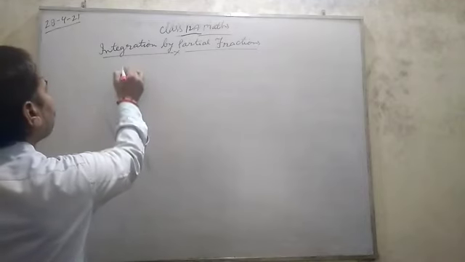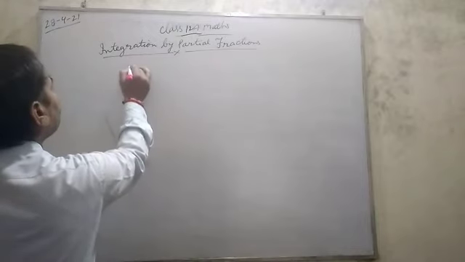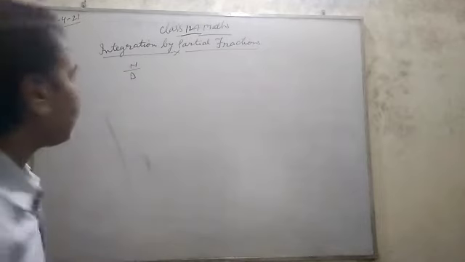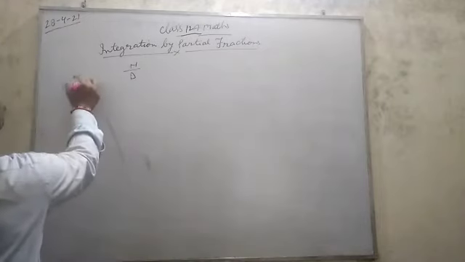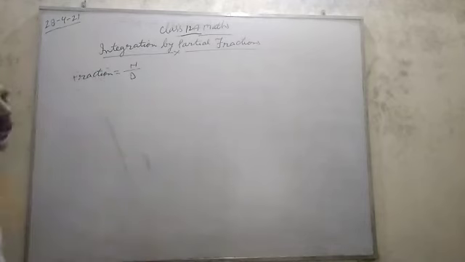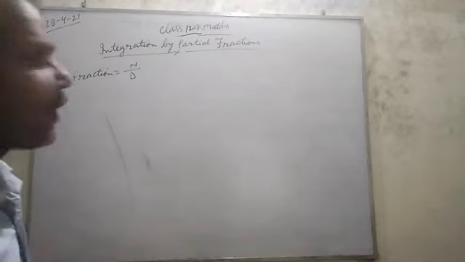You first understand this: numerator upon denominator. Suppose any fraction is given in the form of numerator upon denominator. Clear?